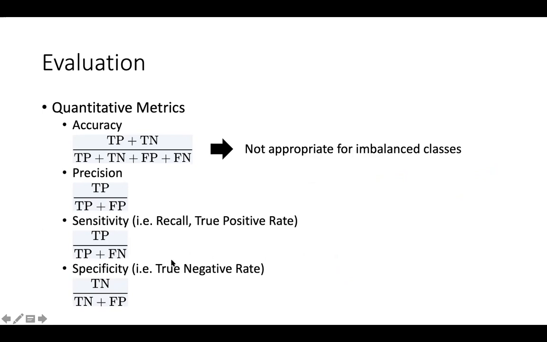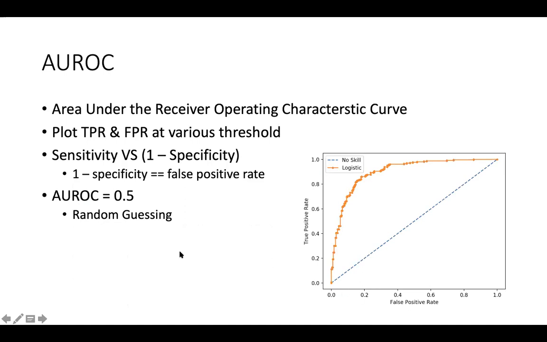So 1 minus the true negative rate is the false positive rate. When you have a prediction model, you can set different thresholds. The threshold could be 0.1, 0.2, 0.3, or it could be 0.11, 0.12.